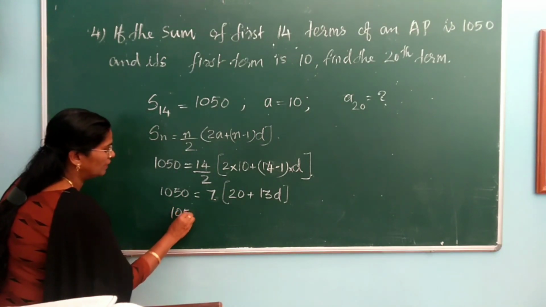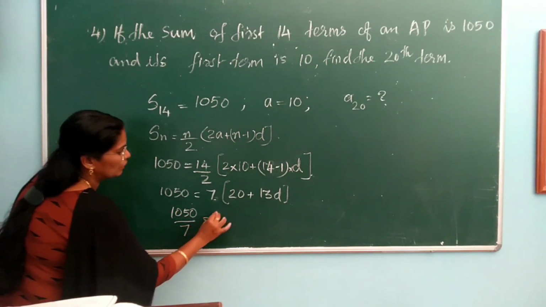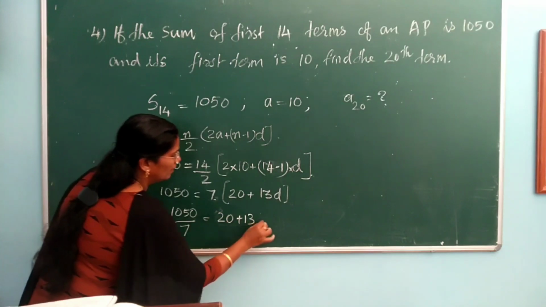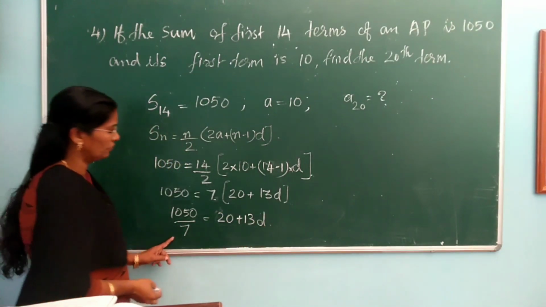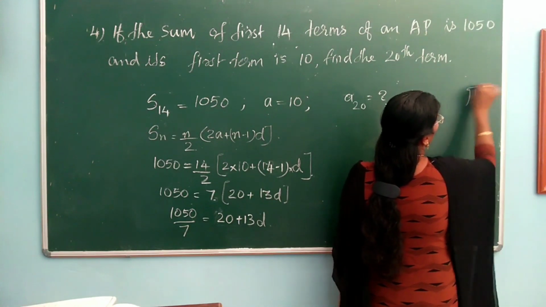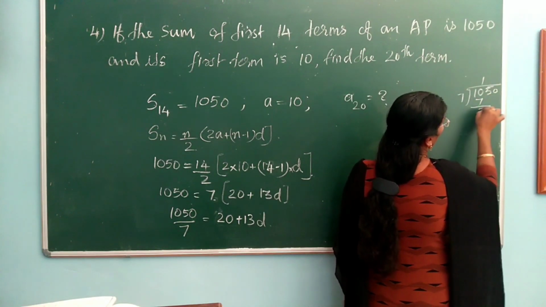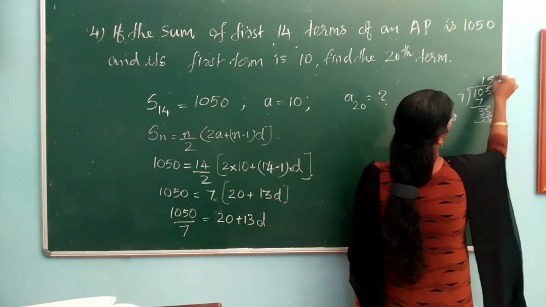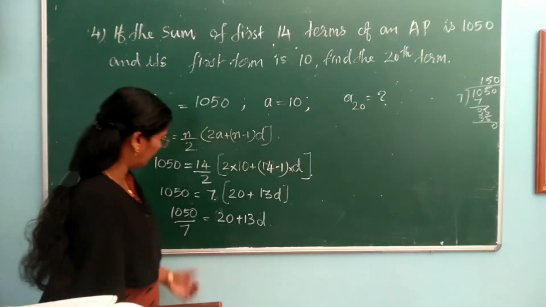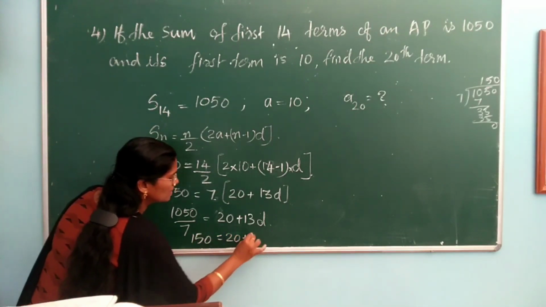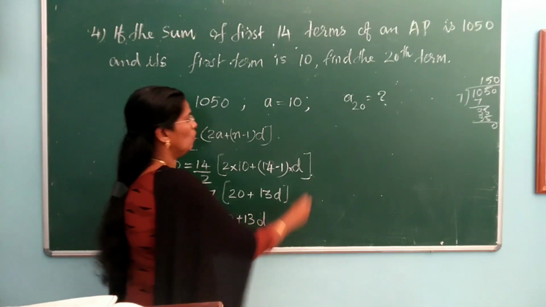So 1050 divided by 7 is equal to 20 plus 13 D. Okay, 1050 division. 1050 divided by 7, 1 time, 35, 5 times. So 1 more 0 is there. So the answer is 150. So we can write 150 is equal to 20 plus 13 D.